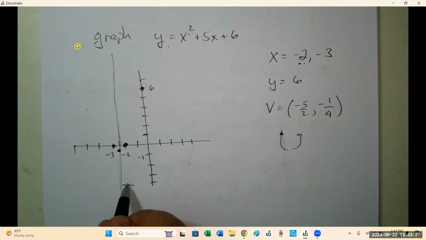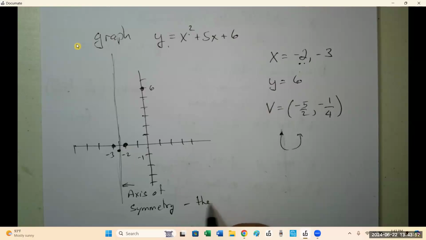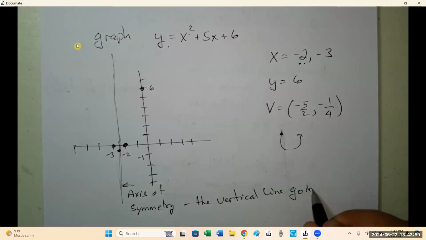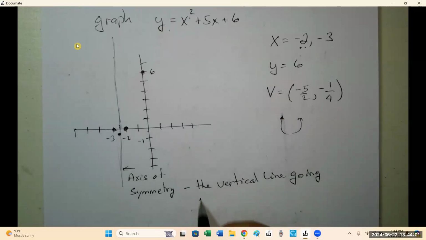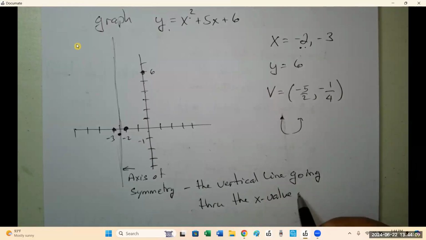This line through the x value of the vertex is called the axis of symmetry, the vertical line going through the x value of the vertex.